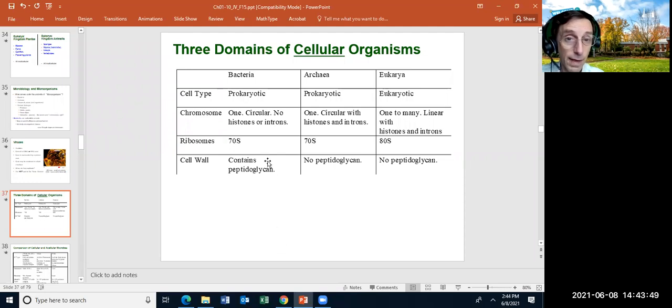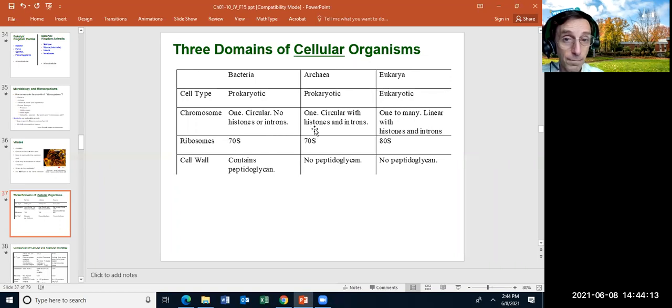The bacteria have no histone proteins or introns, and we'll talk about them more later. A histone is a protein in eukaryotes, and you find it on the chromosome. The bacteria have no histones or introns.